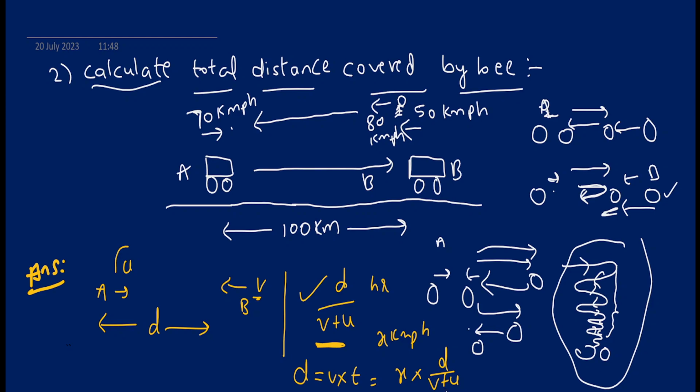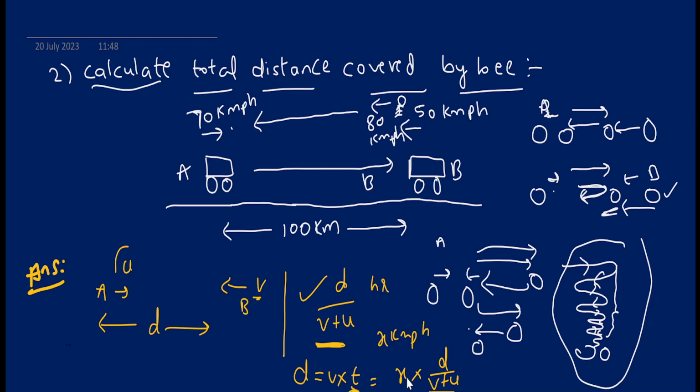And we know till this time, the bee is always traveling. So this is the time of the total journey. Total time taken for the journey of the bee is this much. And what is the speed of the bee over this entire journey? It is still x. It is maintaining a uniform velocity of x kmph, even though it is changing its direction from right to left or from left to right.